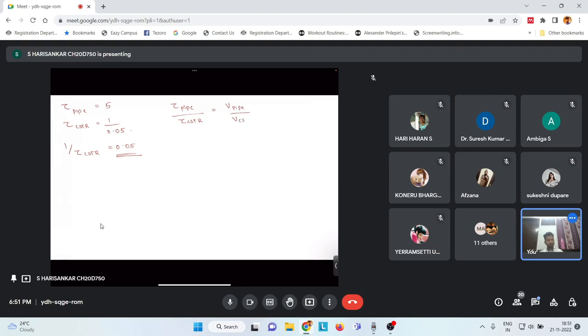So this ratio will be equal to tau pipe, which is 5, divided by tau CSTR, that is 5 into 1 by tau CSTR, and that is into 0.05. So this ratio will be 5 into 0.05, and that is 0.25. So the ratio of the volume of the pipe to that of CSTR will be 0.25.